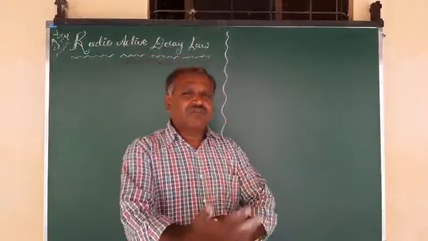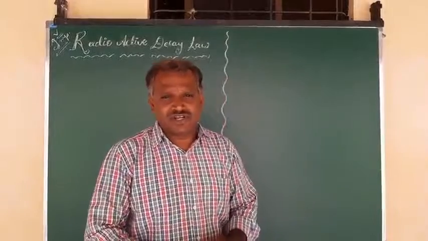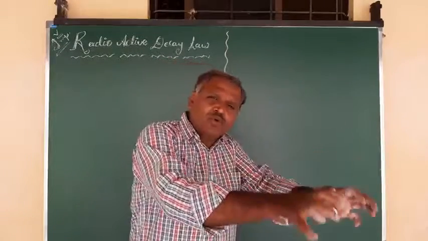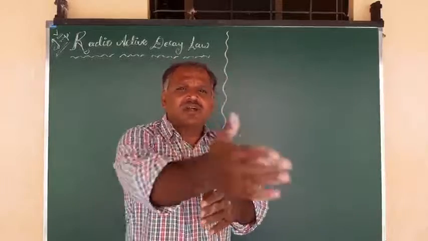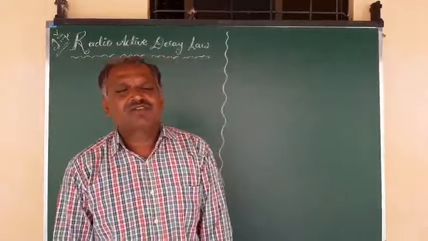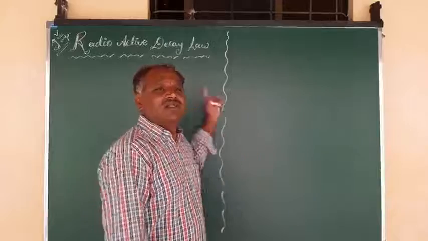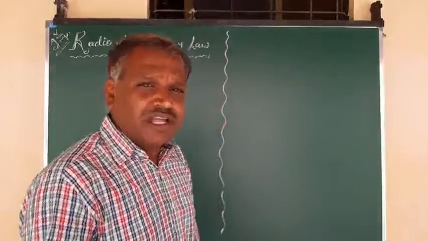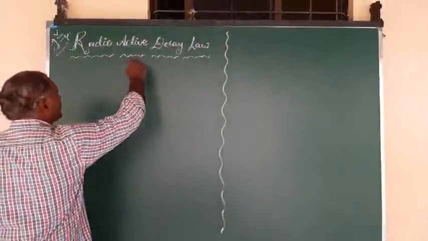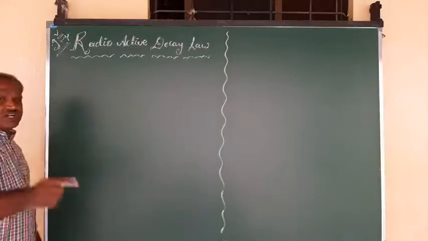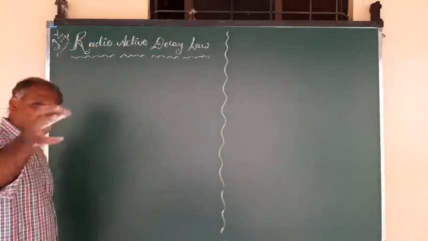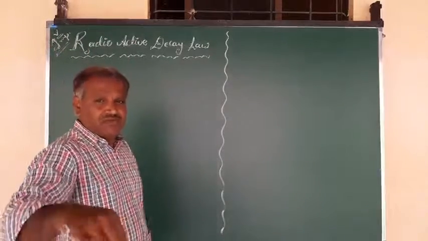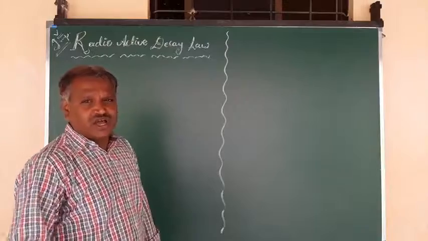At whichever instant of time we want to find the rate of disintegration, that is the rate of decay, it depends on how many nucleons are present at that time. So the rate of disintegration is directly proportional to the number of nucleons present in that radioactive sample at that instant of time.